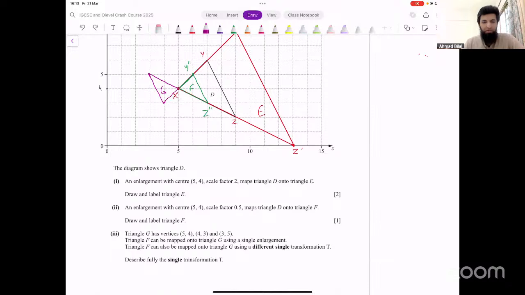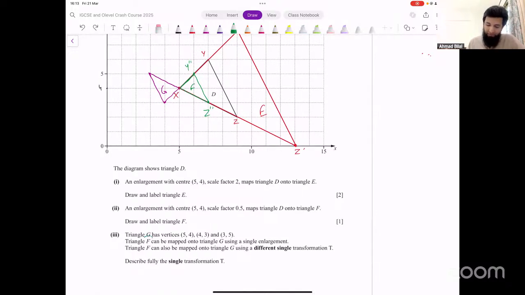Okay, so how do we think about this? Now, this is an important one. It says F can be mapped onto G using a single enlargement. Now, what enlargement? The size is not changing. From F to G, the size is the same, right? It's not really changing here. How can we call this enlargement? Let's think about the points.